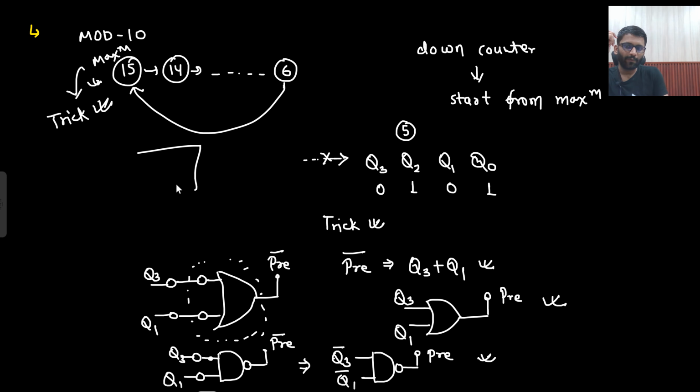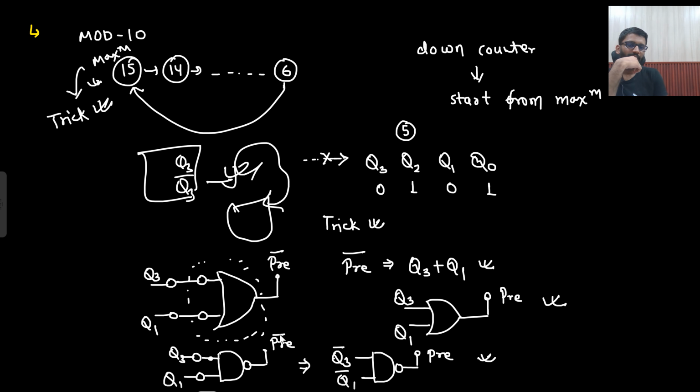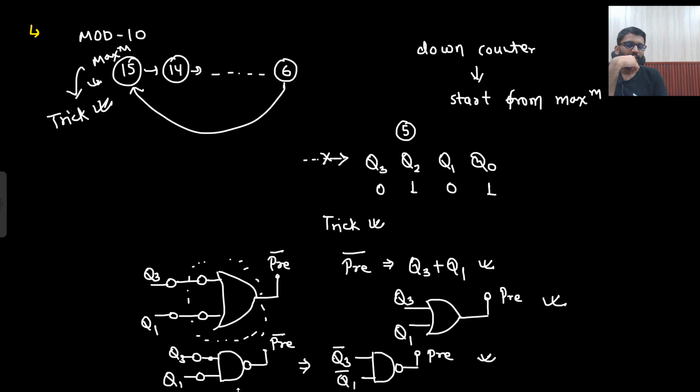Because if you are having Q3, then certainly you are having Q3 bar as well, so you can take this Q3 bar and feed it to this black box. So they can frame the option in this manner: if my inputs are Q3 and Q1, I am using OR gate; if my inputs are Q3 bar and Q1 bar, then I am using NAND gate. So two ways these options can be framed.